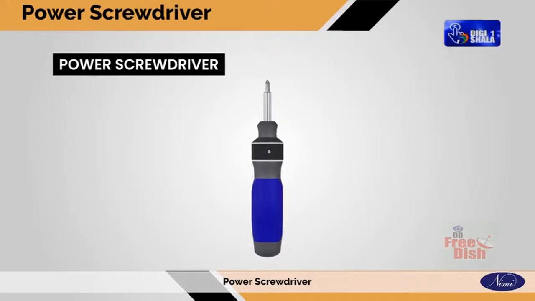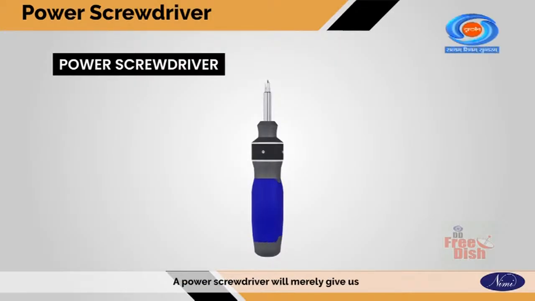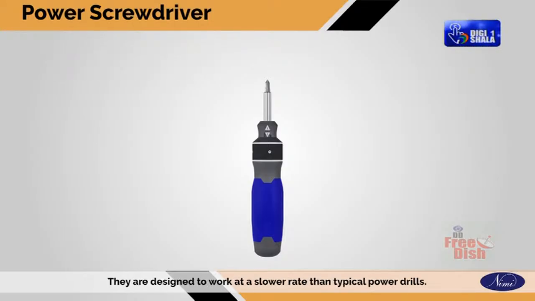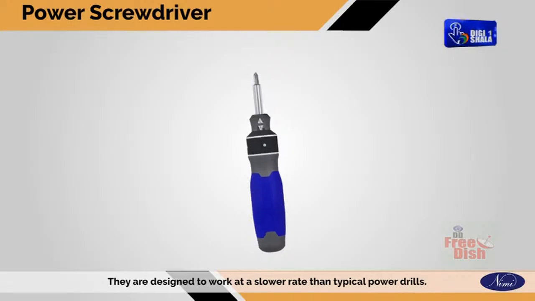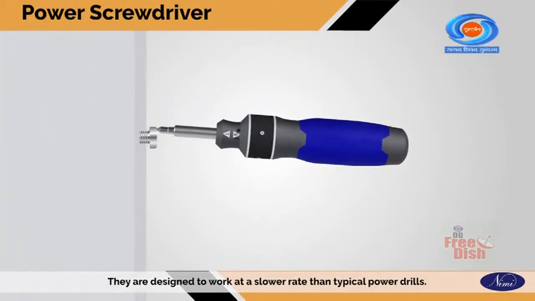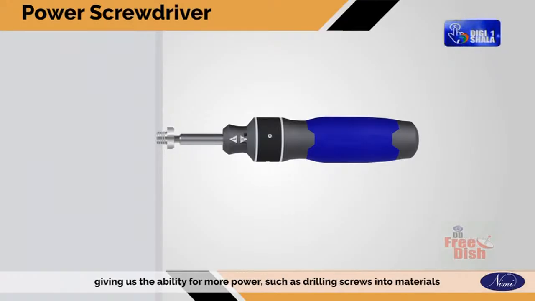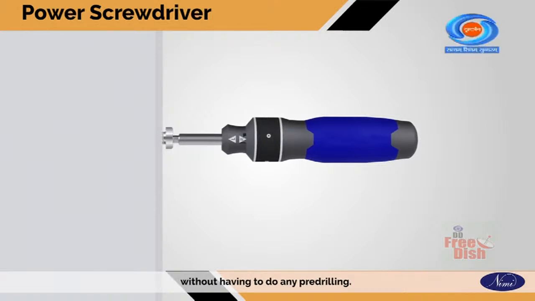Power screwdriver. A power screwdriver will merely give us a screw driving capability at a quick and efficient manner. They are designed to work at a slower rate than typical power drills. They, however, have more drill torque, giving us the ability for more power, such as drilling screws into materials without having to do any pre-drilling.